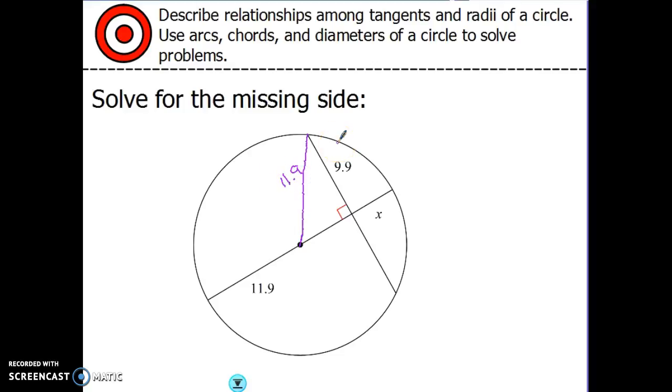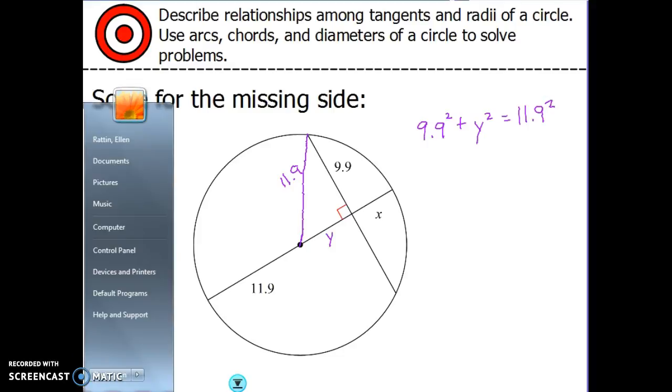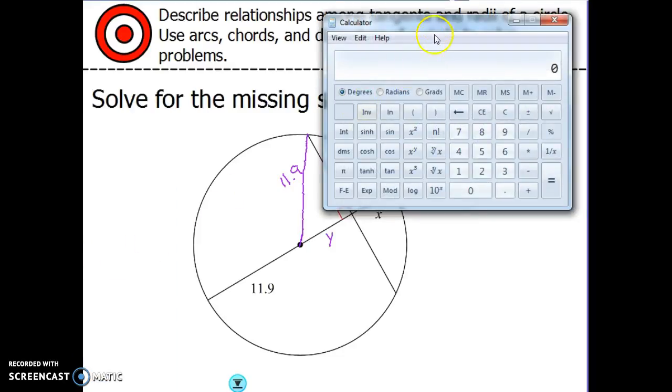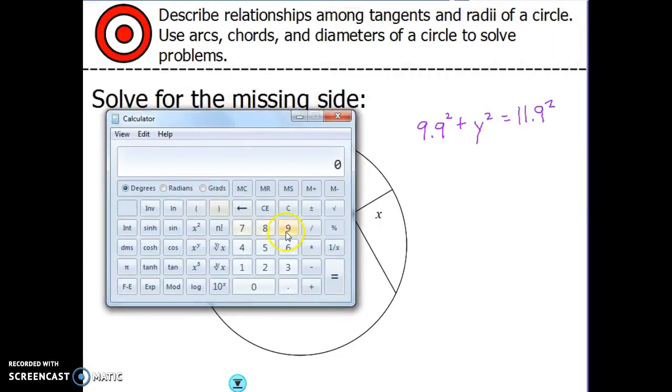And so using that, we can now solve because I have a leg. I'm looking for basically this other leg here, and I have the hypotenuse. So I'm going to be doing 9.9 squared plus y squared equals 11.9 squared. Love all these decimals here. Let's go ahead and open up a calculator, and we're going to do 9.9 squared.